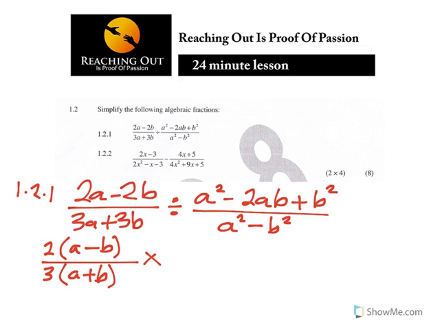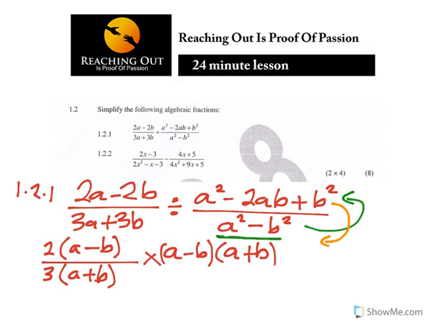When you introduce a multiplication sign, remember the denominator goes on top and the numerator goes below, because I've inverted the fraction. This denominator is a difference of two squares, so it becomes (a − b)(a + b).